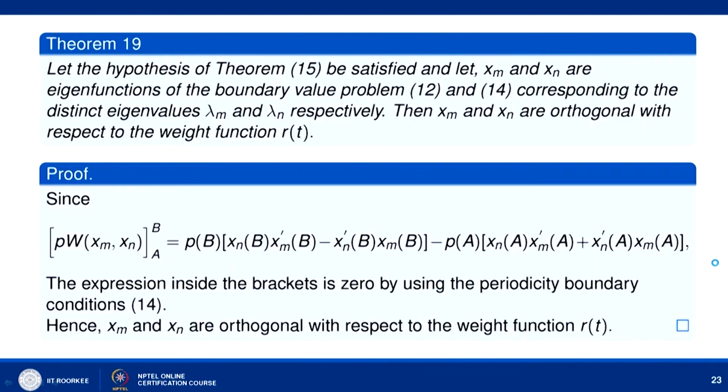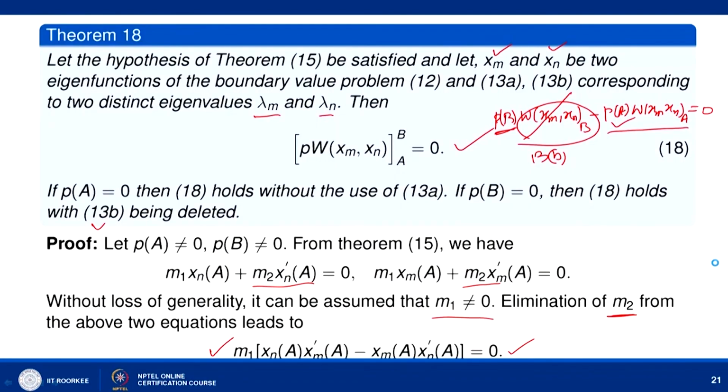So, we have seen that the condition, that is p W(x_m, x_n) at a and b is equal to 0, is true when we assume the condition 13a and 13b, that is the separated boundary condition. Then this is automatically true.